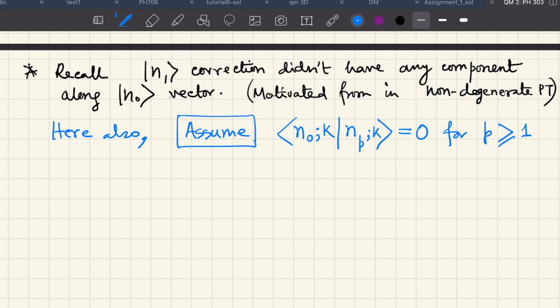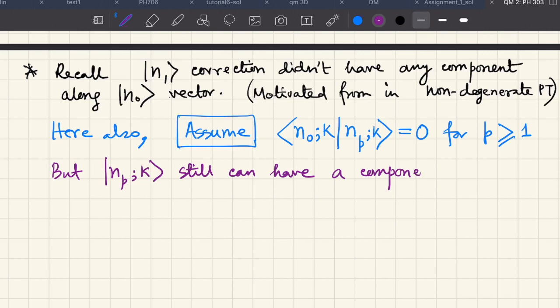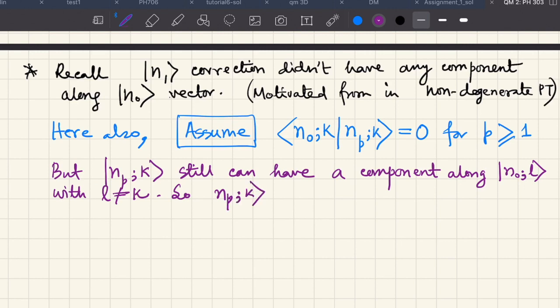But here comes the catch. npk still can have a component along n0l with l not equal to k. So npk can still have a component in the degenerate subspace.